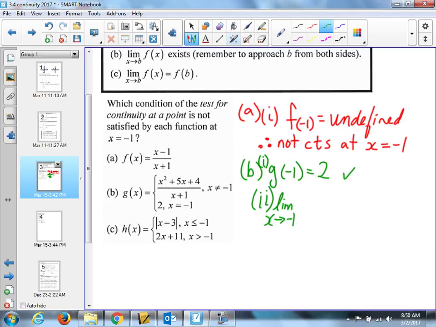Now, x squared plus 5x plus 4. Let's save ourselves a step. Factored? What is it? You can think of it as factored. Top, the numerator, I'm factoring. x plus 4 times x plus 1.